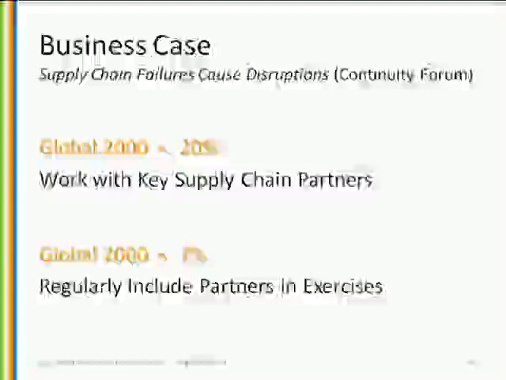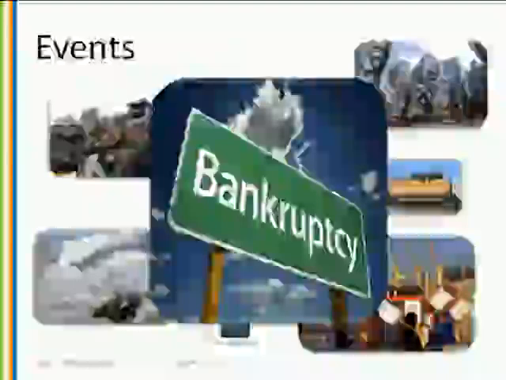And interestingly enough, even fewer, 7%, regularly include partners in exercises or rehearsals, despite the knowledge of the risks associated with disruption. So those are some of the interesting statistics that I think serve as a backdrop and a business case for moving forward in terms of supply chain risk management.